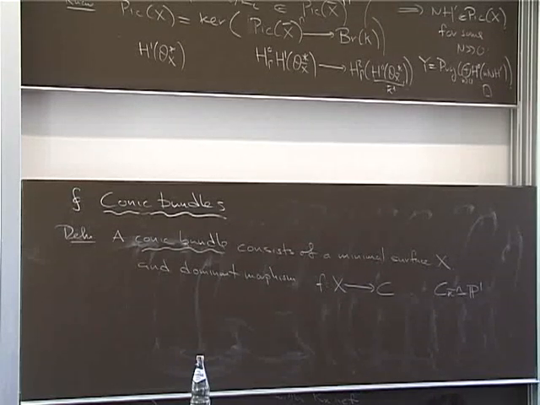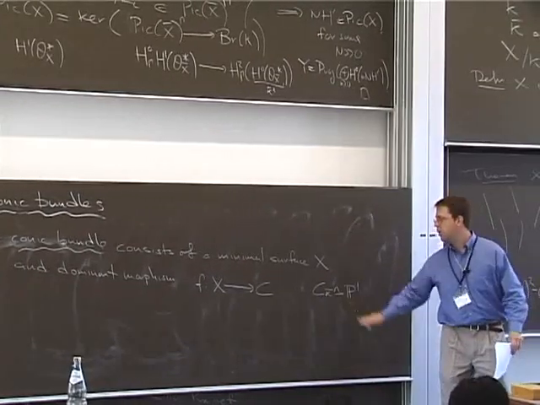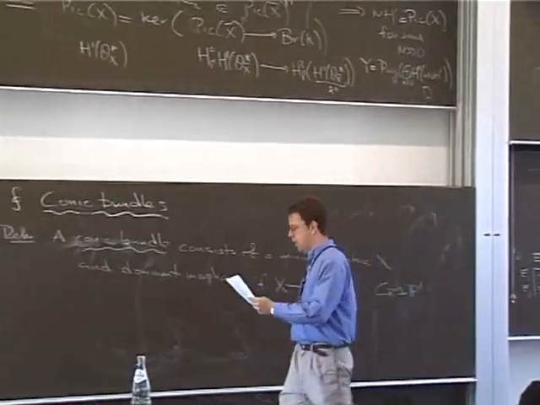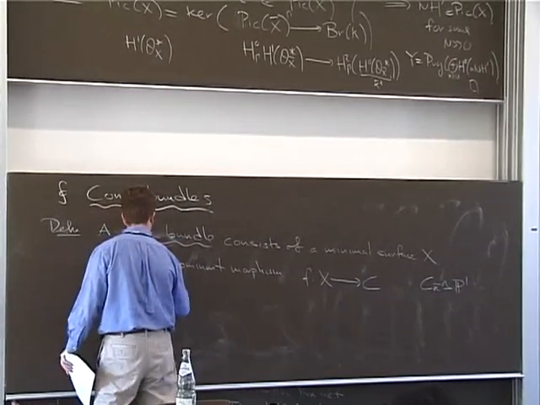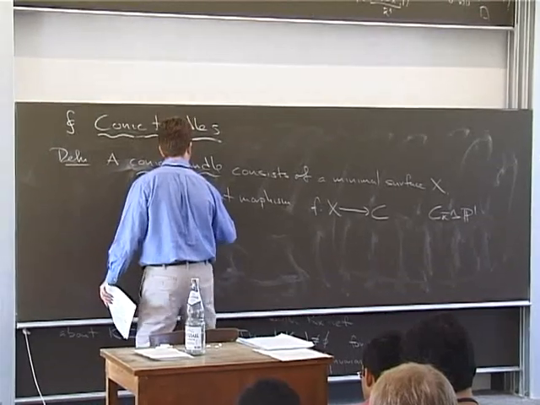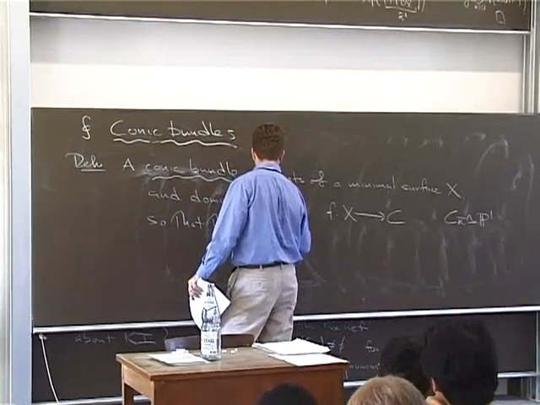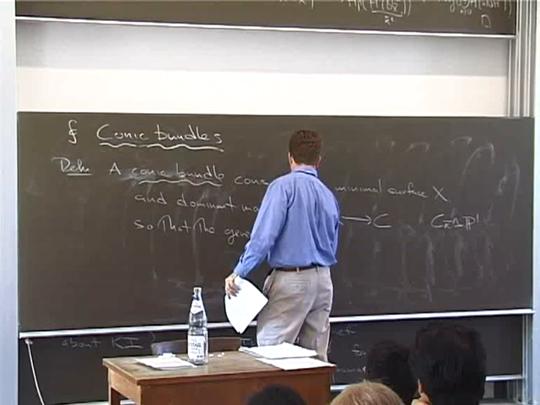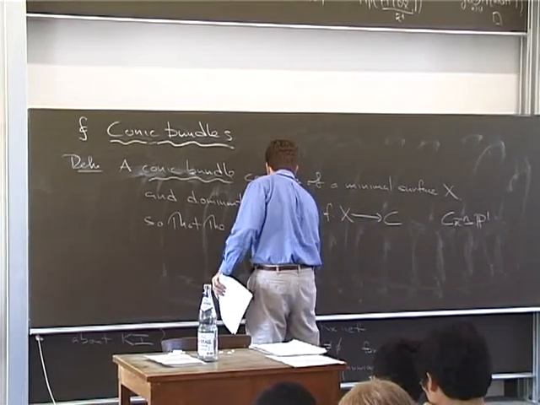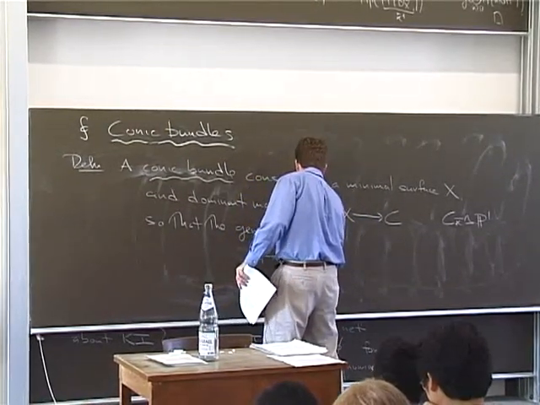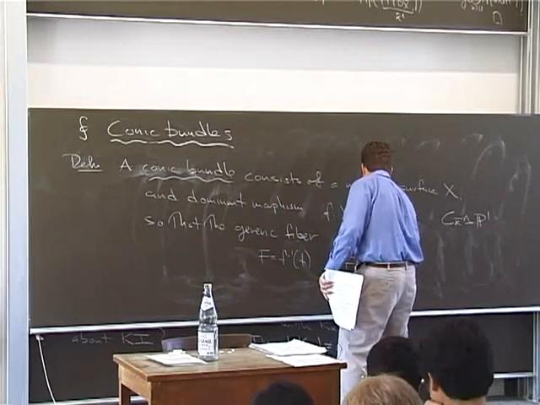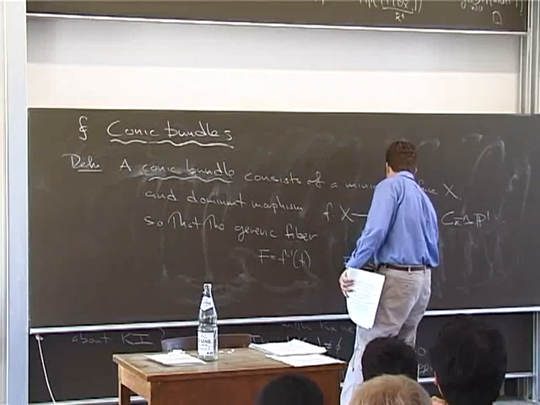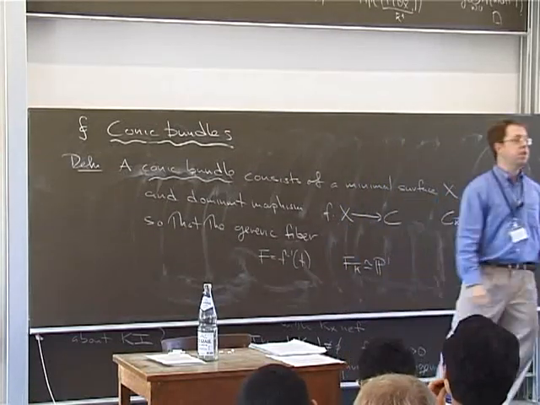It might be some more complicated conic, but it's geometrically P1. So that the generic fiber F has a property that F over K bar is isomorphic to P1.